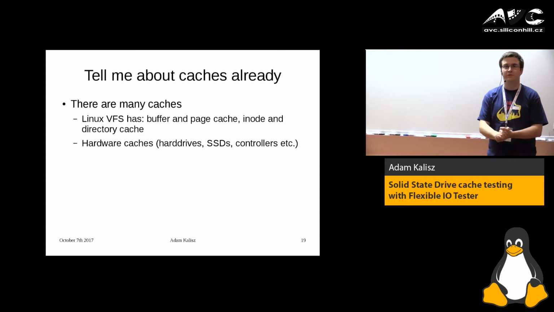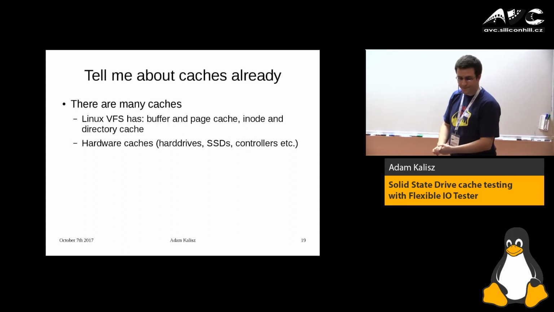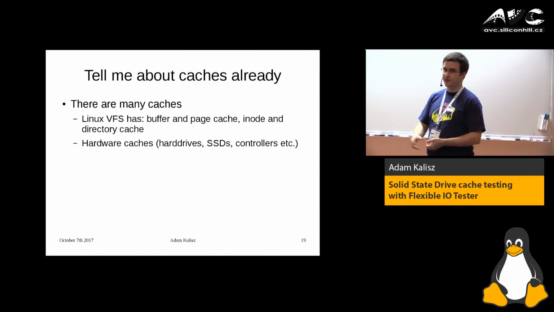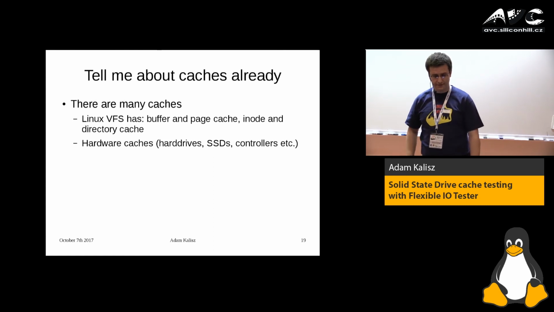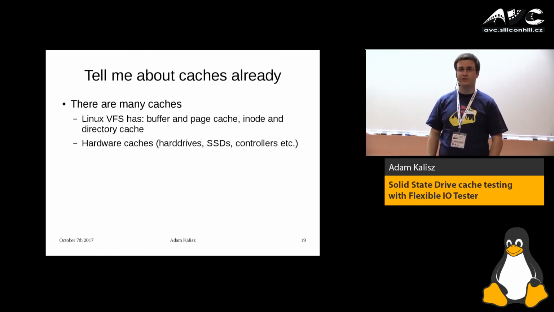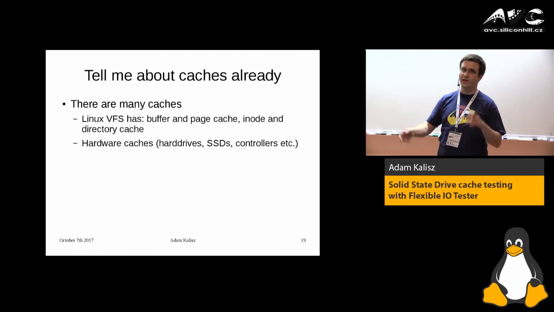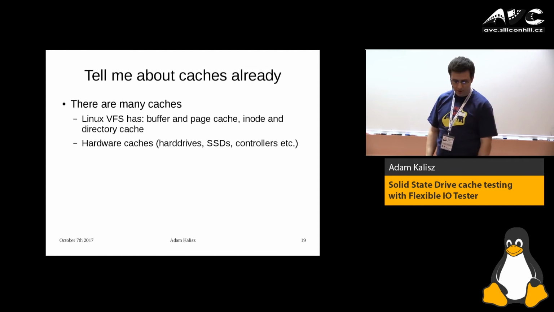Okay, to the caching. There are many caches in Linux and in Unix in general. Starting in the 70s, you already have some buffer caches and stuff like that. In Linux, obviously, later on. You have hard drive caches, you have SSD caches, you have controllers in the way that also do some caching.